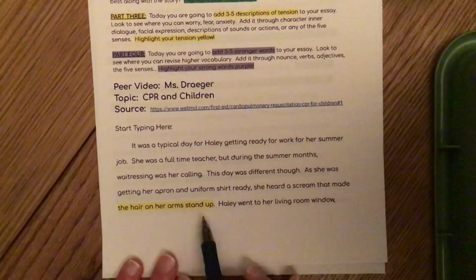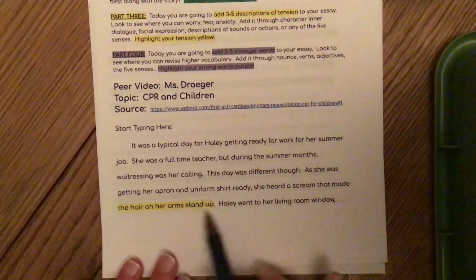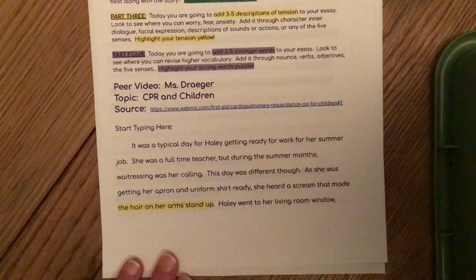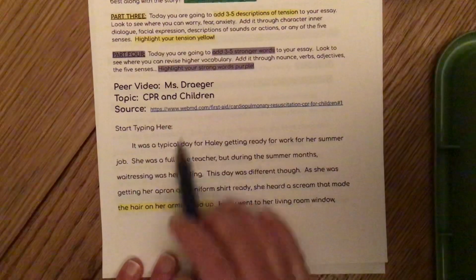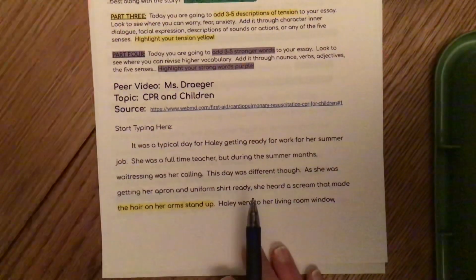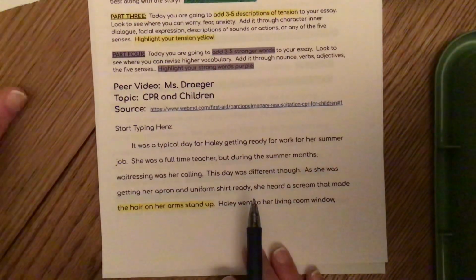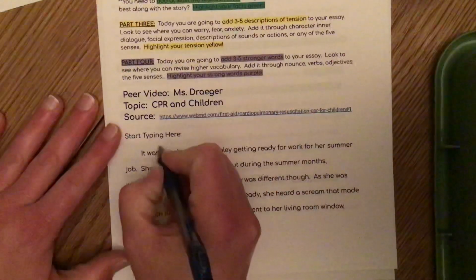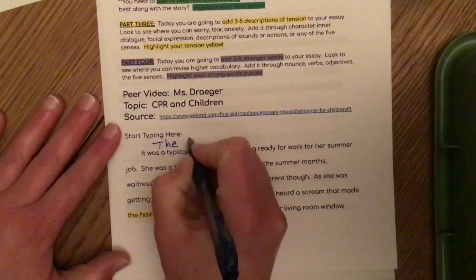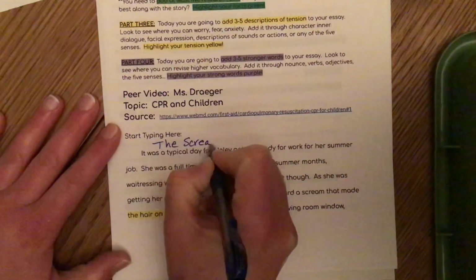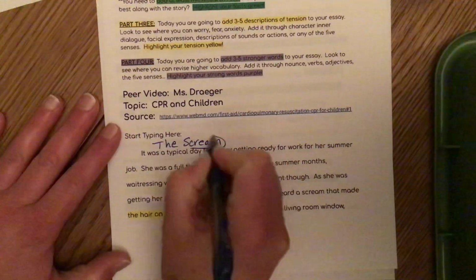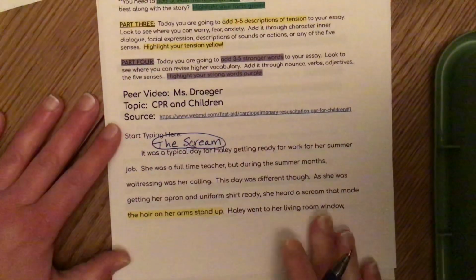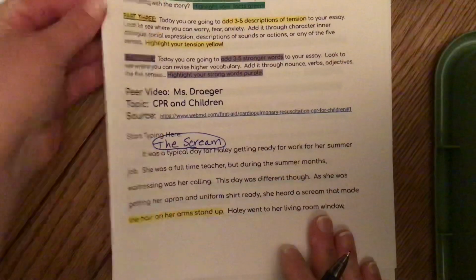So in this first part, Haley is getting ready for work and she hears a scream. That's what this whole paragraph is about. So I think I'm going to label this section the scream.